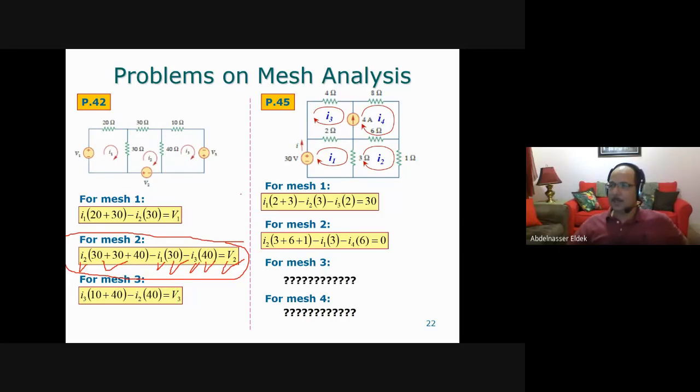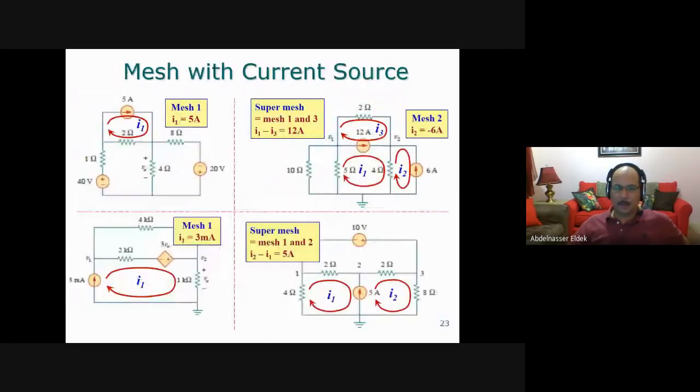So let us see some cases for the mesh currents. In mesh analysis, remember this: if you have a current source in the outer loop, then this current is the same as the mesh current. That's it. For example, look at this one, 5 ampere.